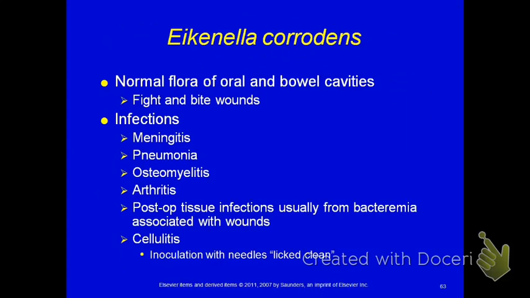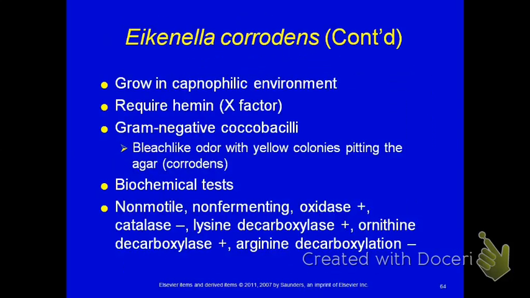But not necessarily the bite, generally speaking, Eikenella could cause meningitis, pneumonia, osteomyelitis, arthritis, post-operative tissue infections, usually from bacteremia associated with wounds, particularly if you are not taking care of wounds or if a person is diabetic. Okay? Could also cause cellulitis, and infection from inoculation with needles, the so-called needle-lick cleaning.